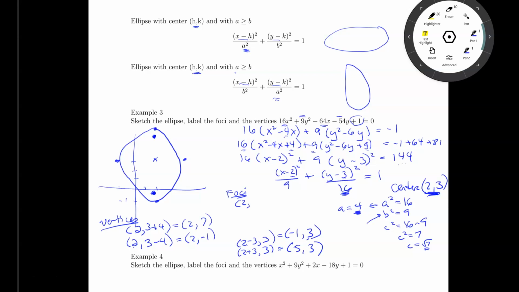So I'll have (2, 3 plus root 7) and (2, 3 minus root 7). I'm going to call both of these the c values, this would be the c here, and this would be the c here. So you just have to label them. I don't want you to go finding decimals from that. That's a fine answer.